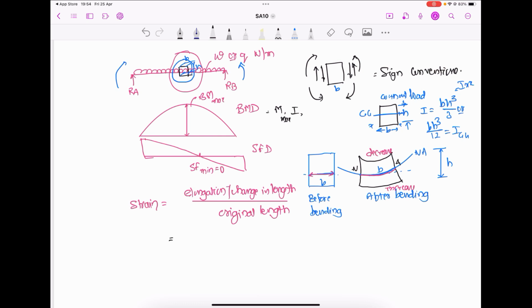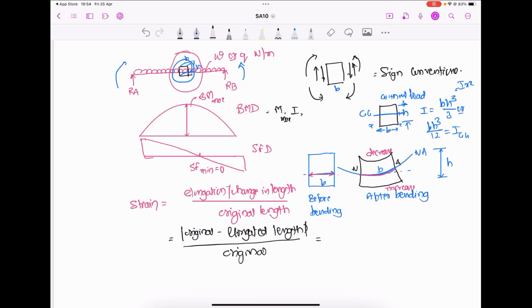Elongation is nothing but the difference between the original length minus the elongated or shortened length, the new length. Put it in absolute values, divided by original.